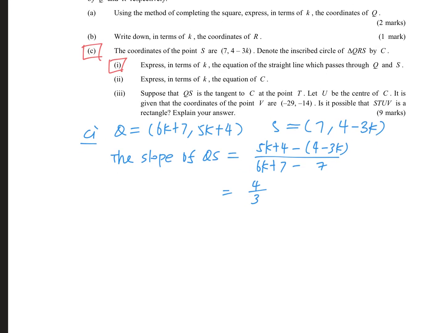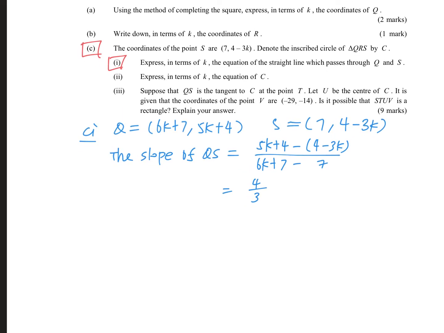After that, the equation of QS. Maybe we take point S because it seems a little more simplified: (y minus (4 minus 3k)) over (x minus 7) equals 4 over 3.